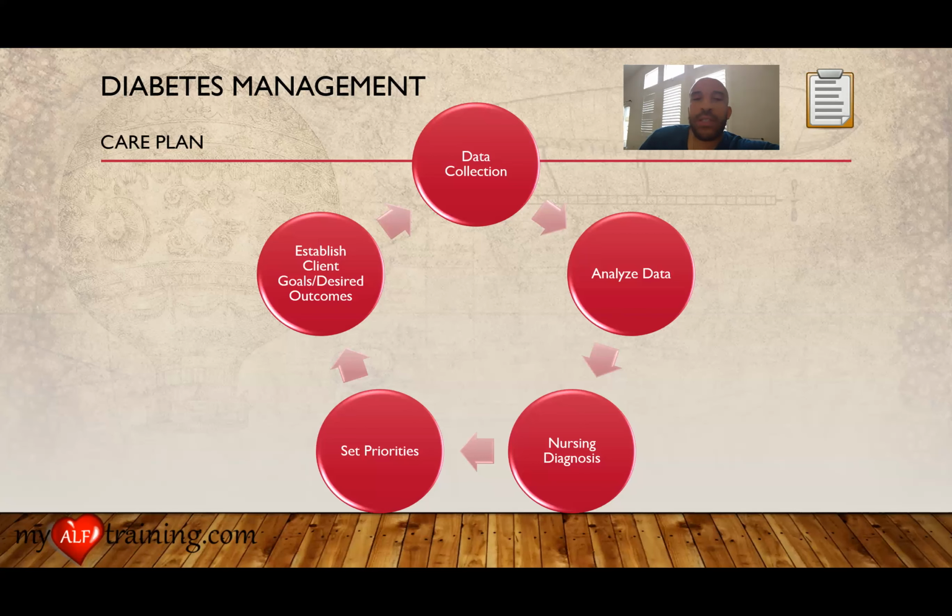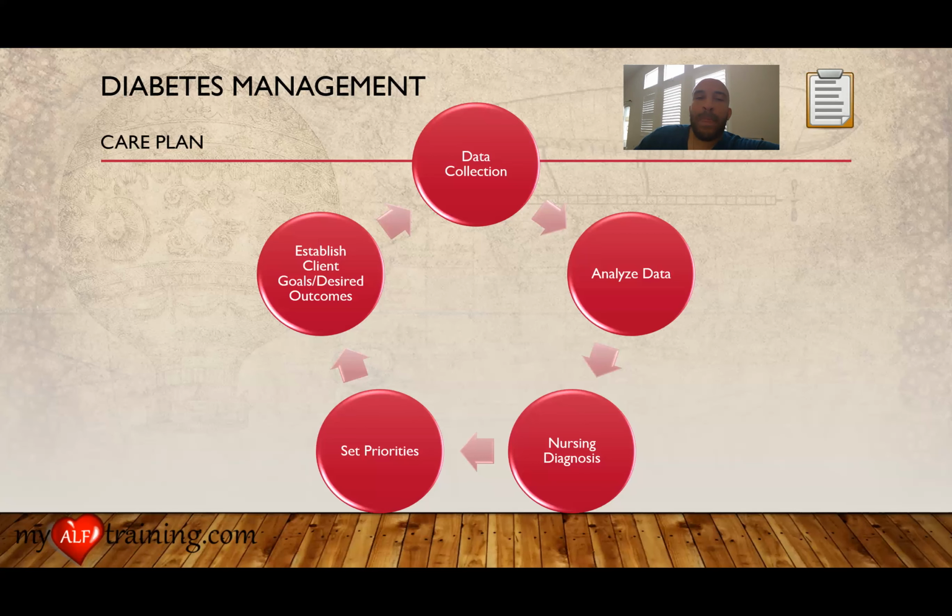Maybe the client's goal is to improve their diet, to regulate their blood sugar so much that they want to wean themselves off of a high dose of insulin that the doctor unfortunately bumped them up to. Or maybe they want to limit the amount of hyperglycemic episodes that they have in a set amount of time.